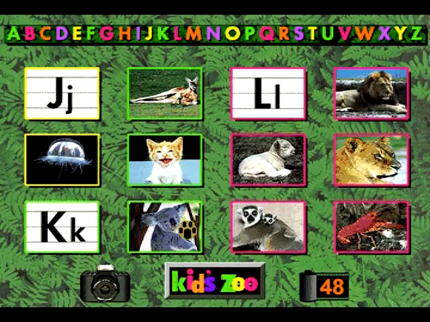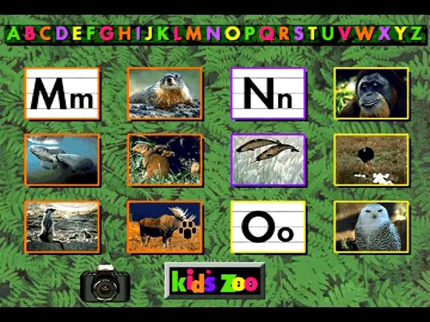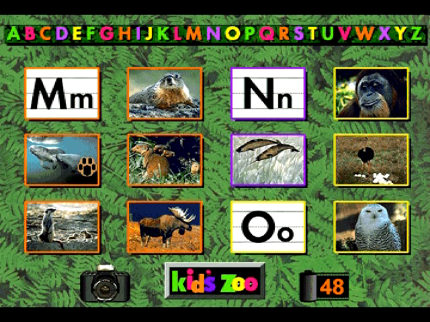You're doing great. Click on the animal that is sometimes called a sea cow. Manatee. You're right. Click on the animal with antlers that's the biggest member of the deer family.